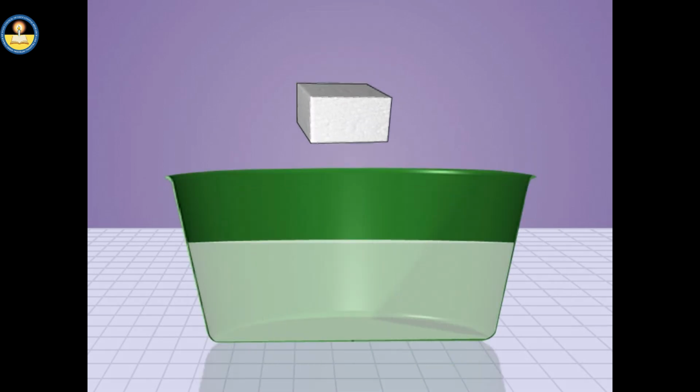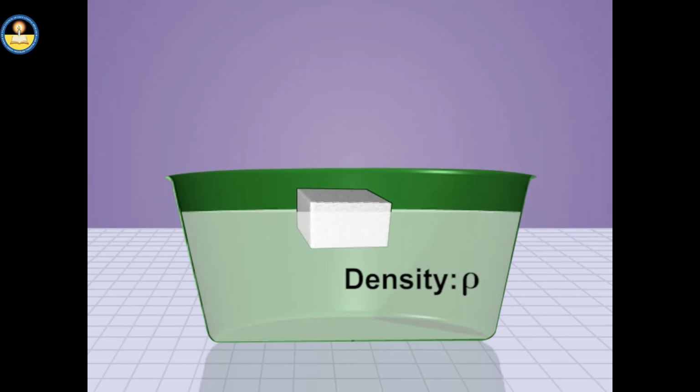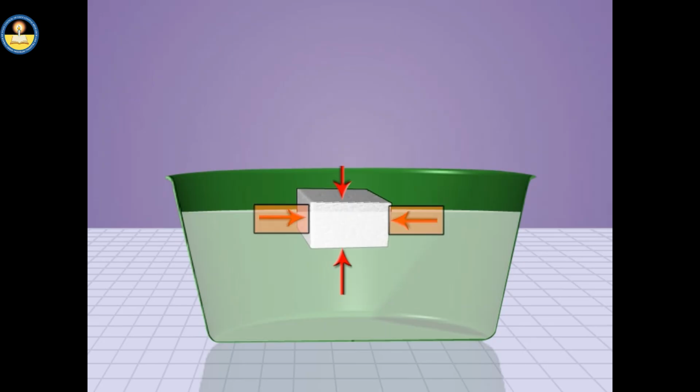When it is immersed in a fluid of density ρ, the surrounding liquid exerts normal forces on all of its faces. Clearly, the horizontal forces being equal and opposite cancel out each other. But the vertical forces acting on the top face and the bottom face of the object are not the same.